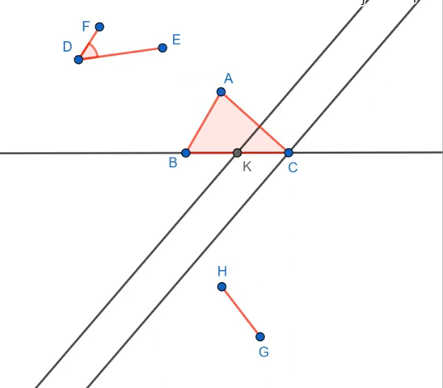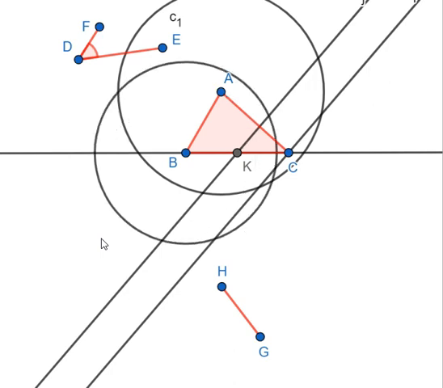So how do we do that? Let's draw a circle with center at A and BC as the radius, and again a circle with B as the center and AC as the radius. Now these two circles intersect each other. We are interested only in one of them, this one.